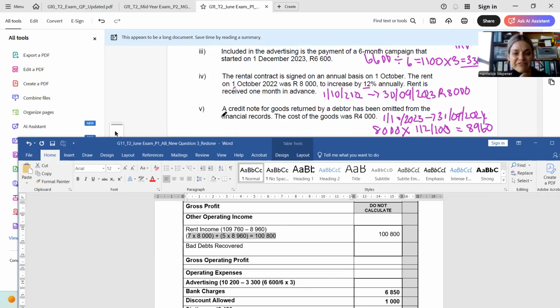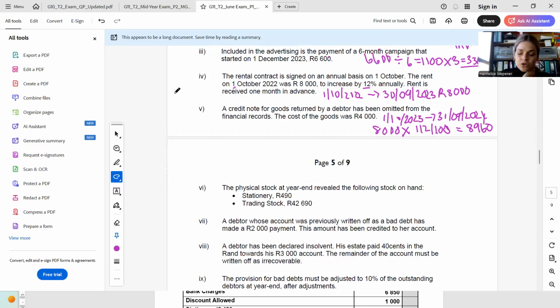Then, number 5, a credit note for goods returned by a debtor has been omitted from the financial records. So, ask yourself, when I recorded this initial sales transaction, what did I do? For the sale, I said I'm going to debit debtors control because they now owe me.